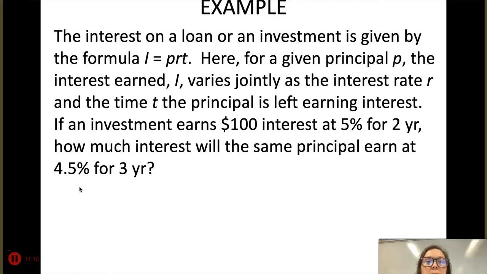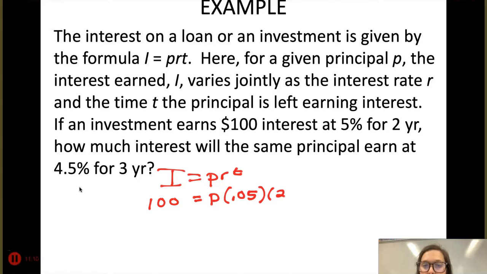Here in this example, it says the interest on a loan or an investment is given by the formula I equals PRT. For the given principal P, the interest earned I varies jointly as the interest rate R and the time T. Here they already gave it to us. If an investment earns $100 interest, so we have I is equal to PRT. So I is 100, and my P is what's constant. Our rate is 0.05, our time is 2.